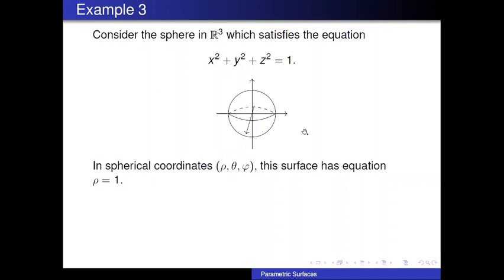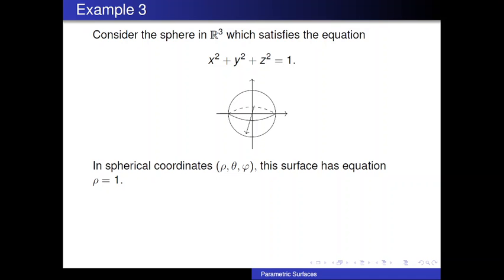So we'll remember the spherical coordinate transformation, that x equals rho sine of phi cosine of theta, y equals rho sine of phi sine of theta, and z equals rho cosine of phi.